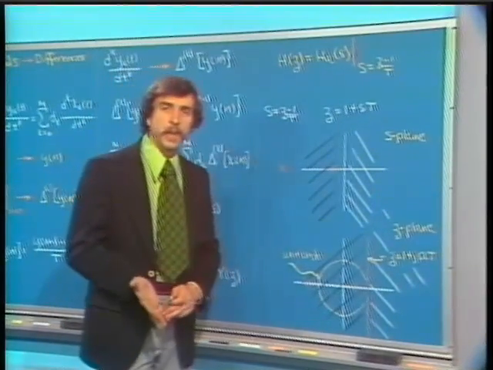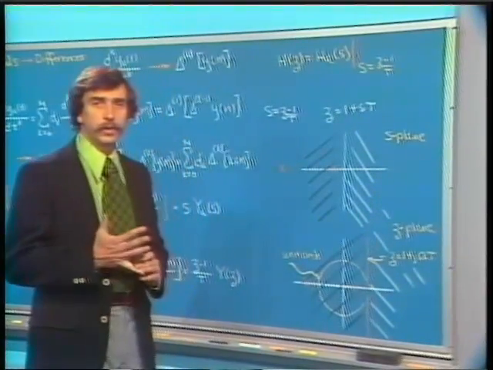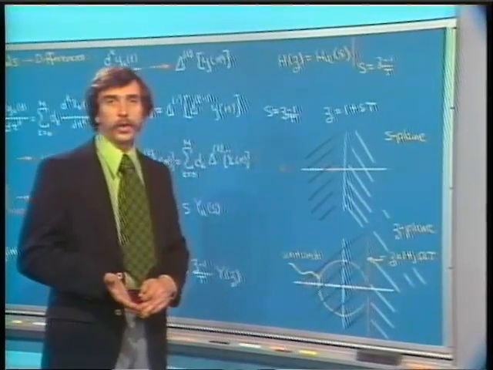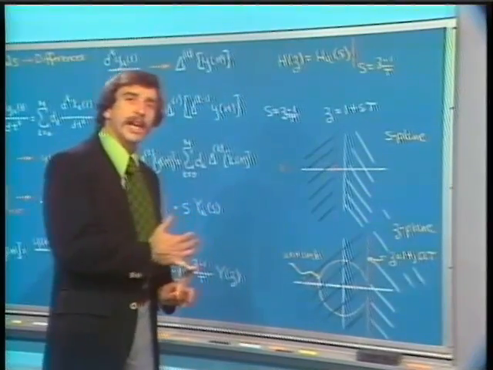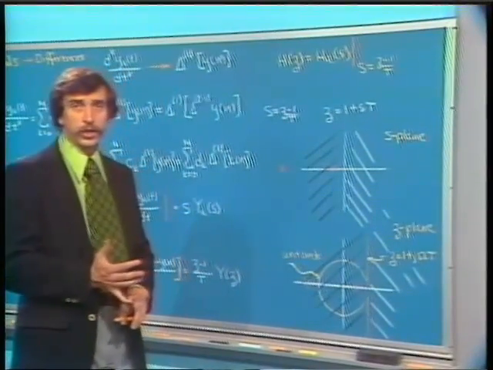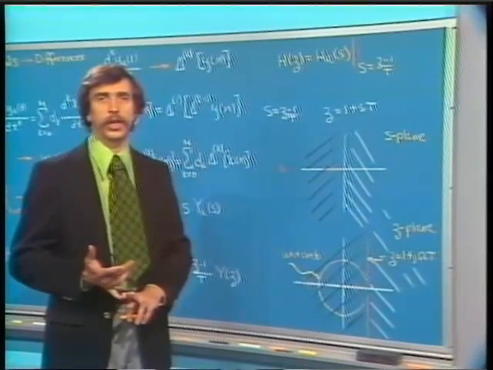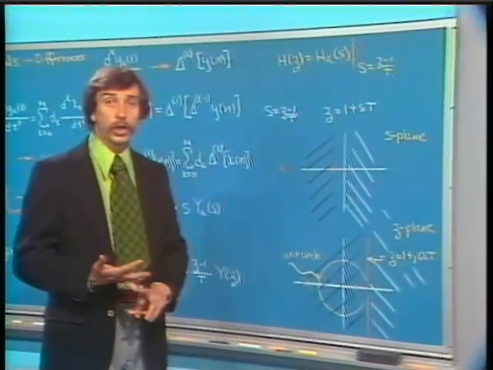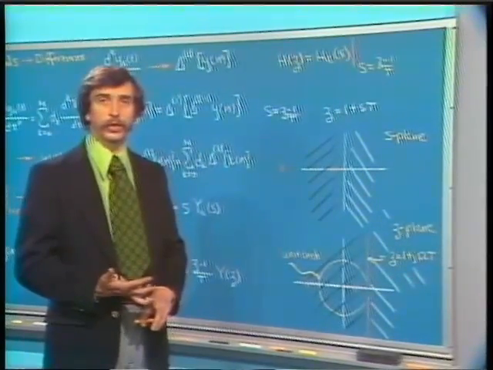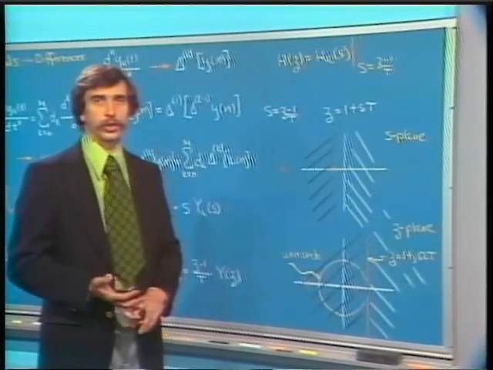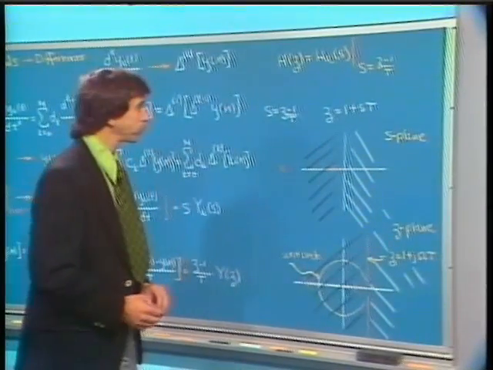All right, so this is a method of filter design which didn't satisfy either one of our initial guidelines, namely it didn't map the j omega axis to the unit circle, and also it didn't map a stable analog filter to a stable digital filter.